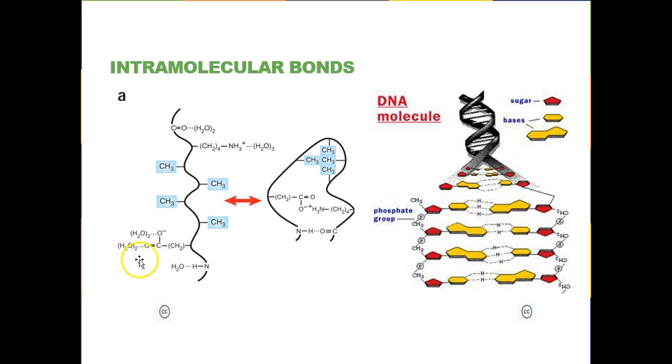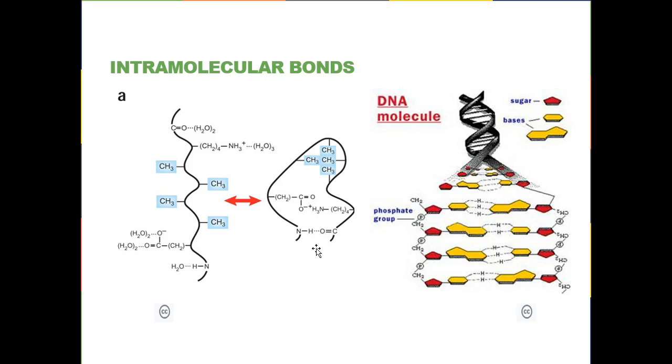If you fold this thing over, you can bring that charge into close proximity to this charge, like you have right here, and form this bend. So it's hydrogen bonding between different portions of a long protein chain that allow proteins to fold up into the shape that they take in their mature form.